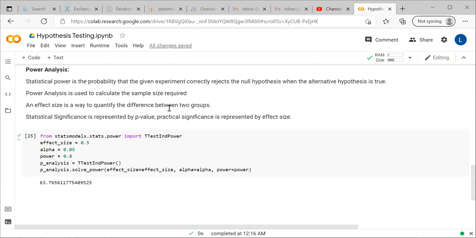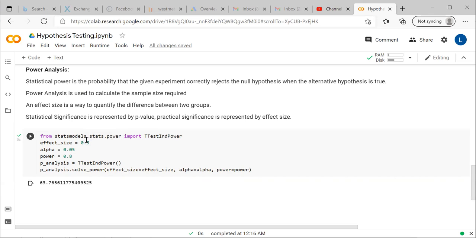Here one group is the whole population, the other group is your sample. So 0.5 is the medium effect size. If you want to keep a medium difference between your sample and population, then you can take 0.5.